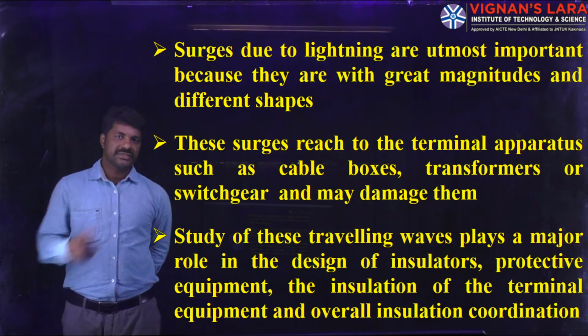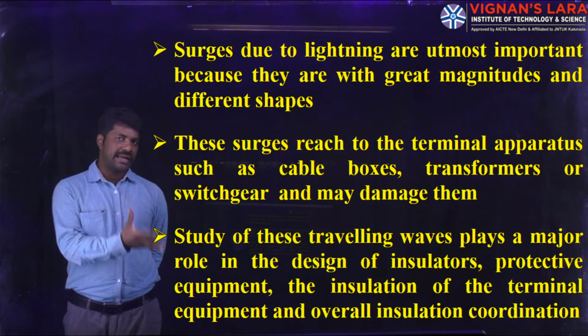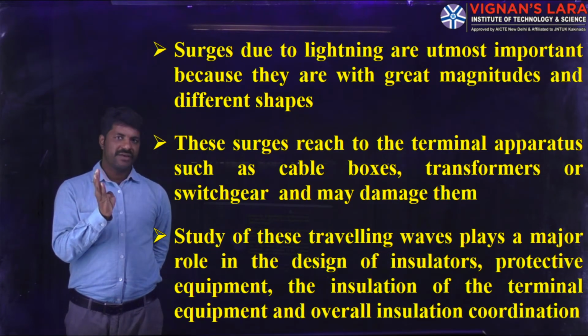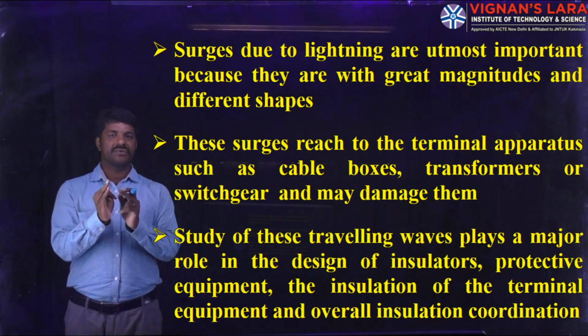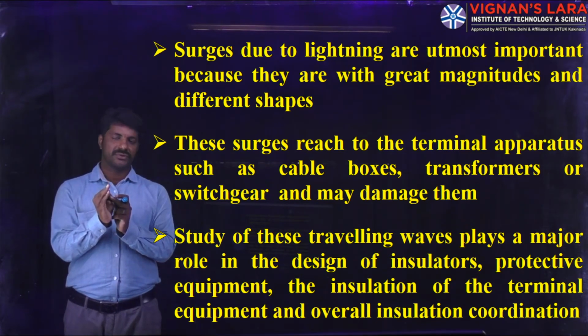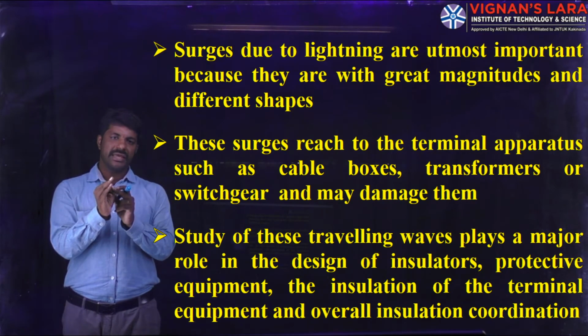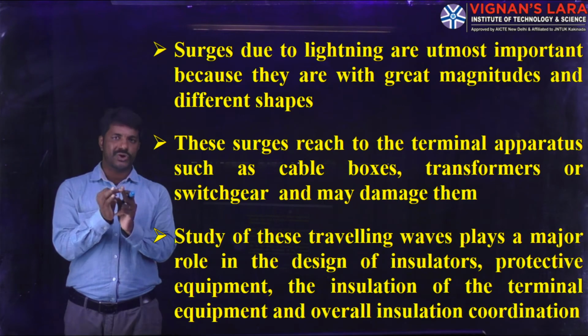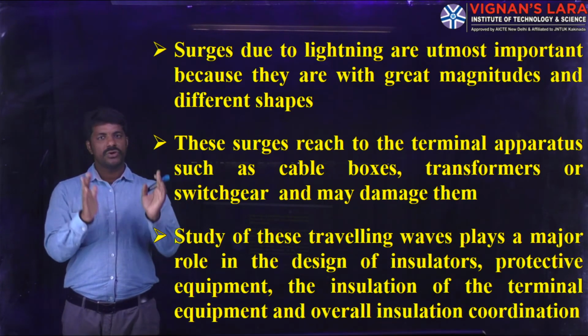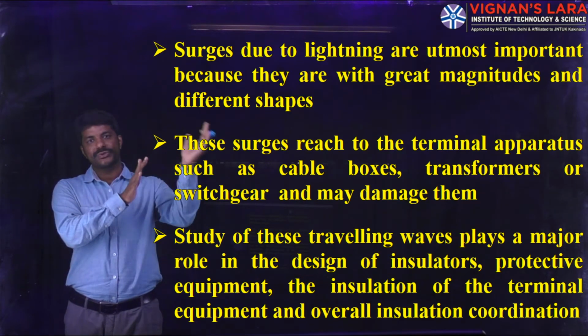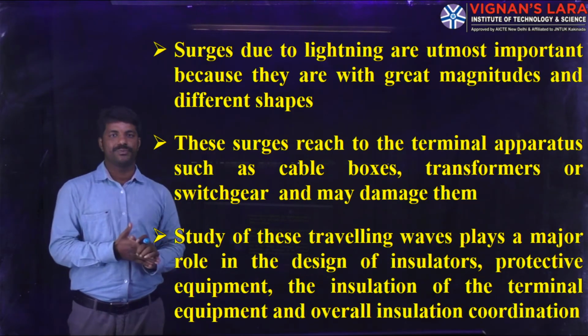So out of these three, what we have mentioned as switching effects, faults and lightning, these are the reasons for the occurrence of surge waveforms. Out of these three, the surges occurring due to lightning strokes are the most important, because those surges have higher magnitudes compared to the remaining two.